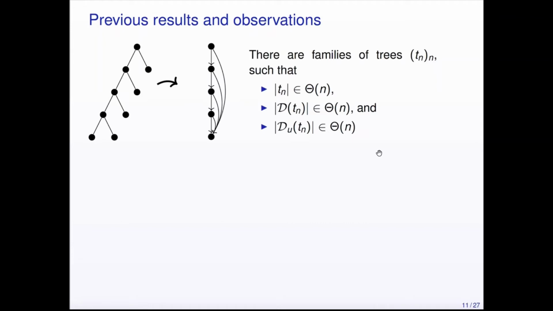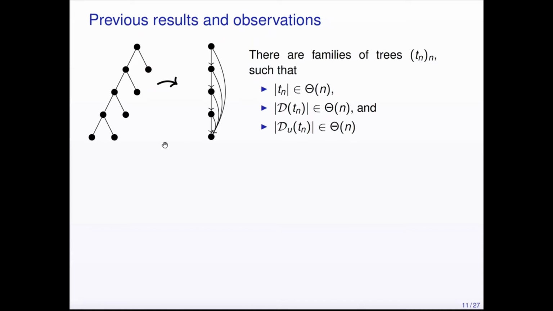So first let's start with some previous results and some preliminary observations. An easy observation is that there are families of trees Tn such that the size of the tree Tn is linear in n, and the size of both the ordered and the unordered DAG is linear in n as well.